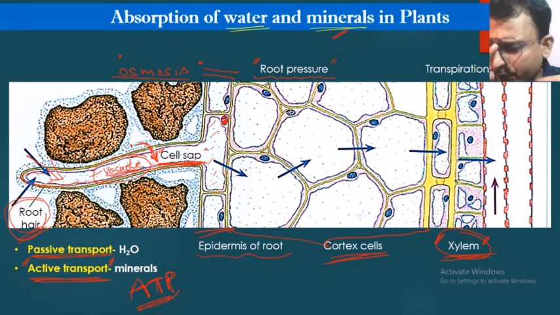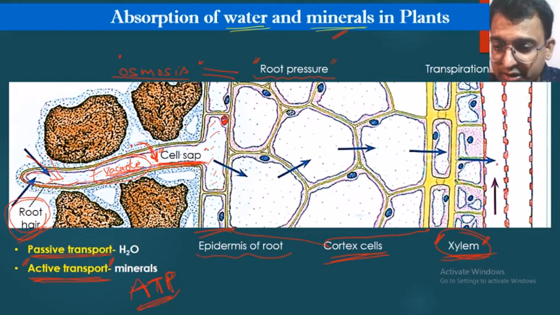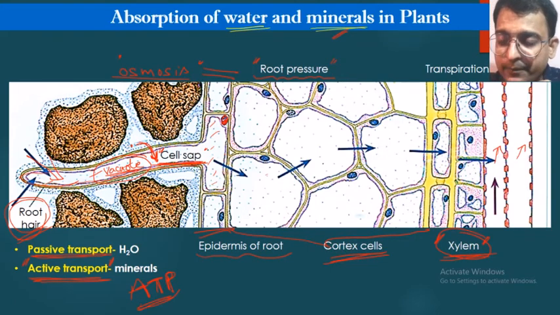Okay, that pressure is not sufficient to send the water all the way up to the top of the plant. Okay, through the stems and leaves. That pressure, root pressure is sufficient for sending the water to few centimeters, maybe little bit height.